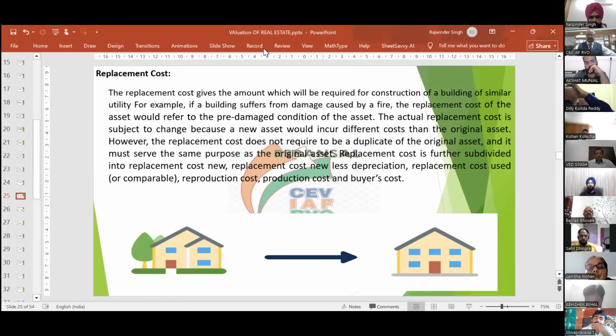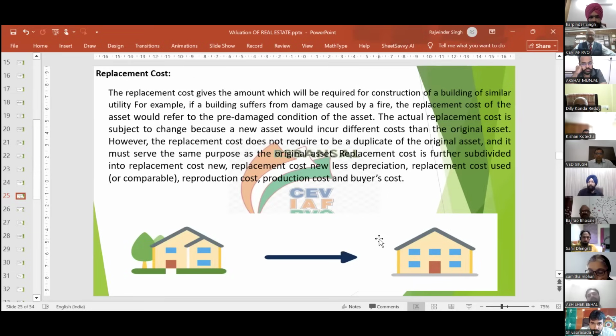Replacement cost. So let us suppose you are calculating replacement cost. It means, let us suppose you are valuing a property which was constructed 40 years ago. Now you will calculate its replacement value.